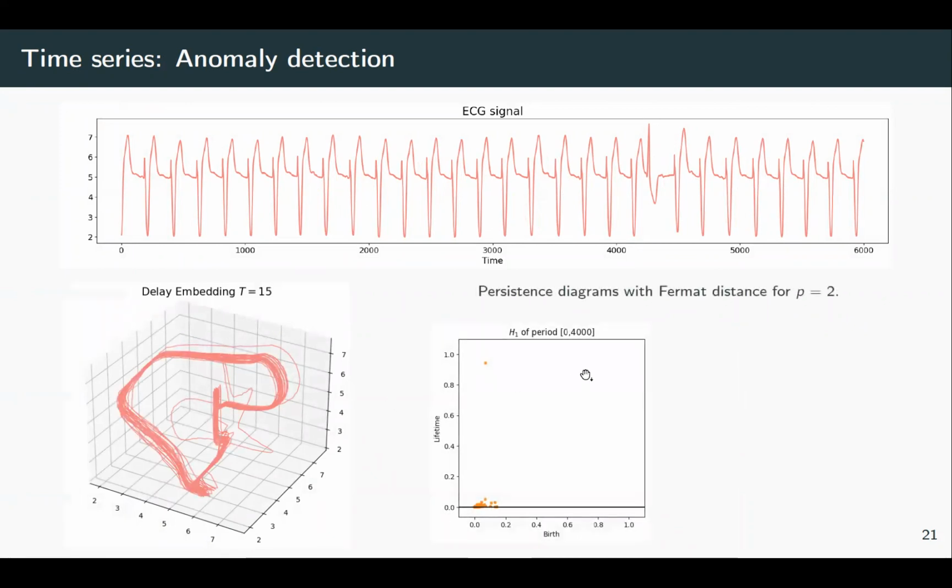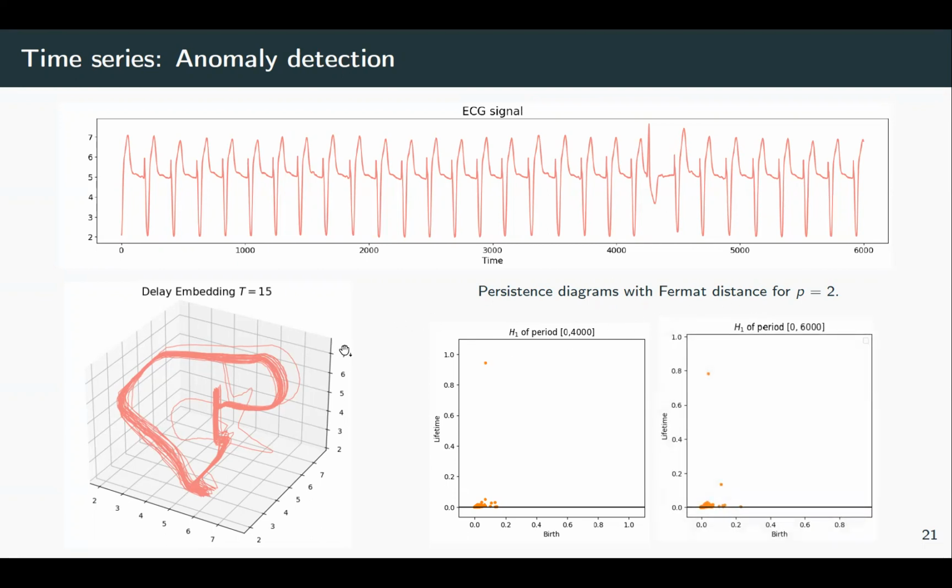And if you compute the persistence diagram, in this case we are using Fermat distance because we need this property of robustness. The persistence diagram up to the time 4000 is this one, with a single generator of the first homology group.